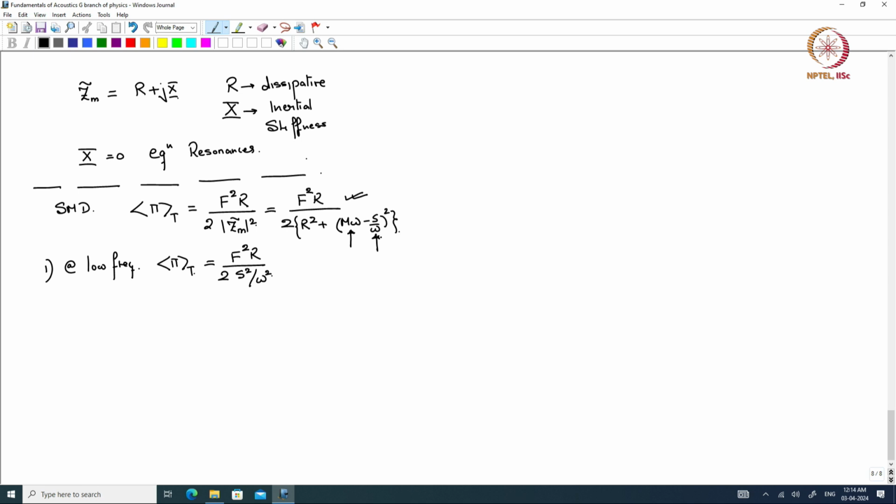The denominator has omega in it, and I am assuming that value is bigger than R also, so that now we have F squared omega squared R by twice S squared. So this low frequency region is denoted as the stiffness dominated region.